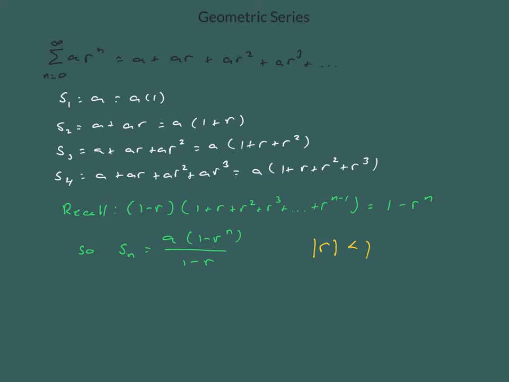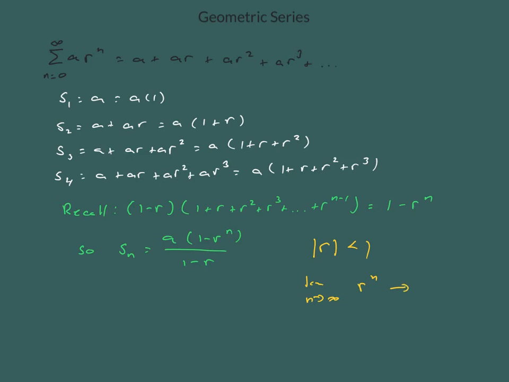So what we're looking at here are fractions like 1/2, 2/3, 9/10, negative 3/5. Those types of values for r. If I limit it to that situation, then if I take the limit as n goes to infinity of r to the n power, because it's a small number, that limit is 0.